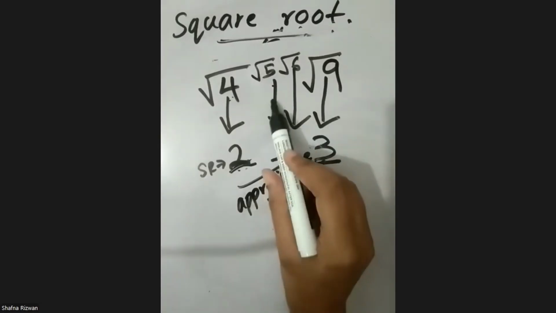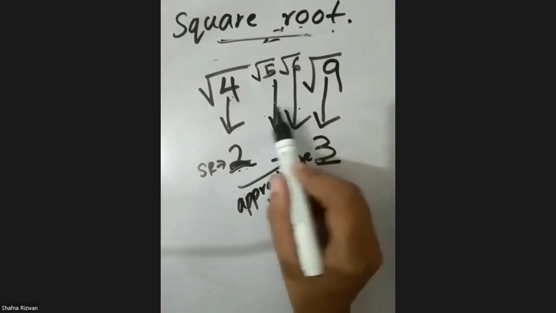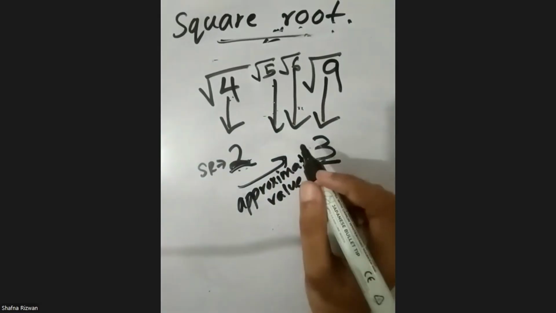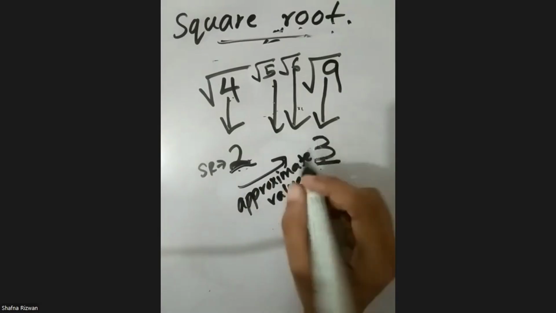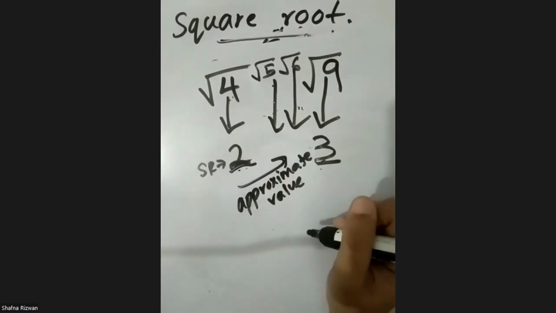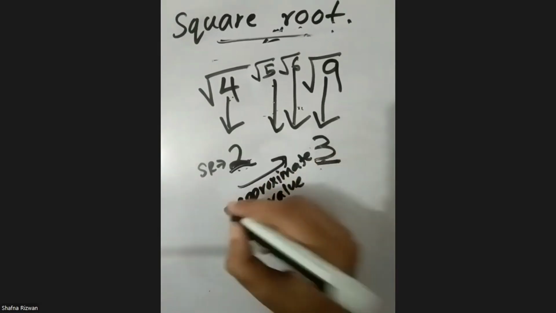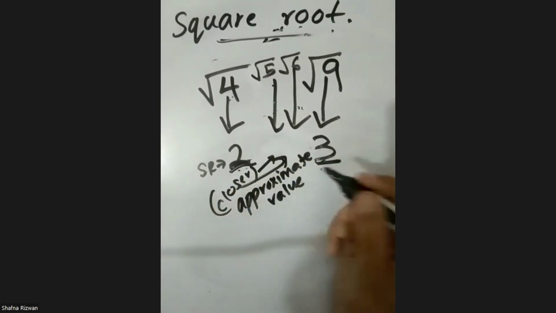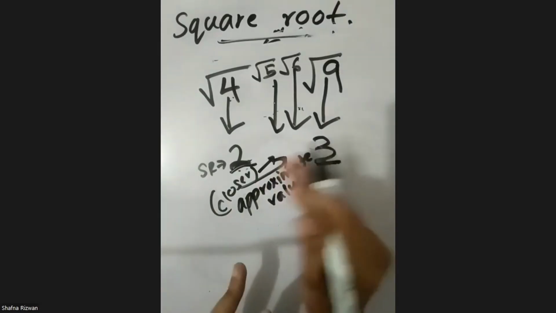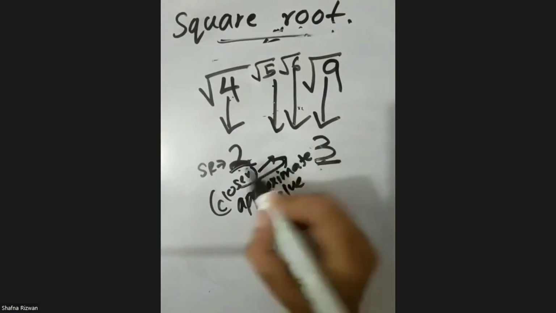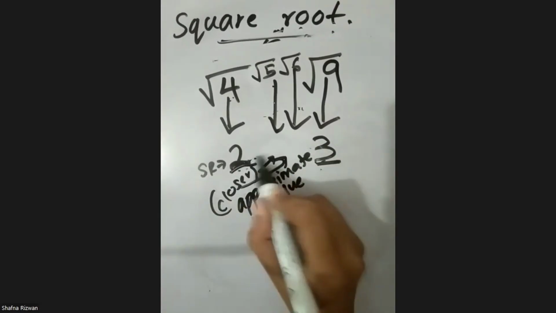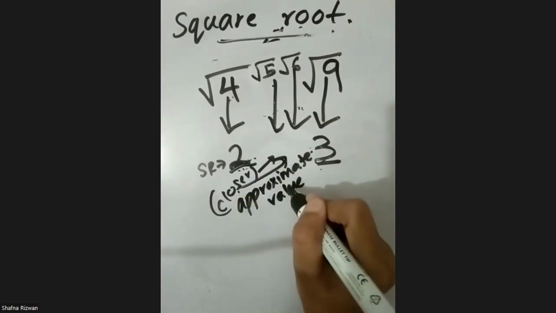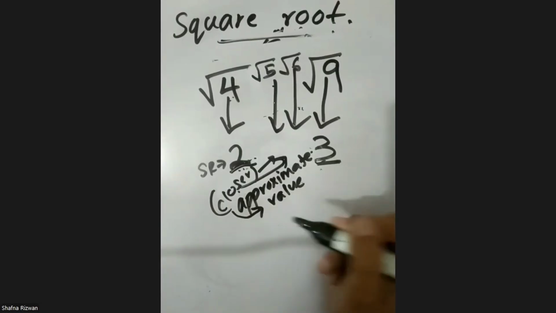To find the square root of these numbers, you are going to find the value which is closer to these numbers. So you call it an approximate value.